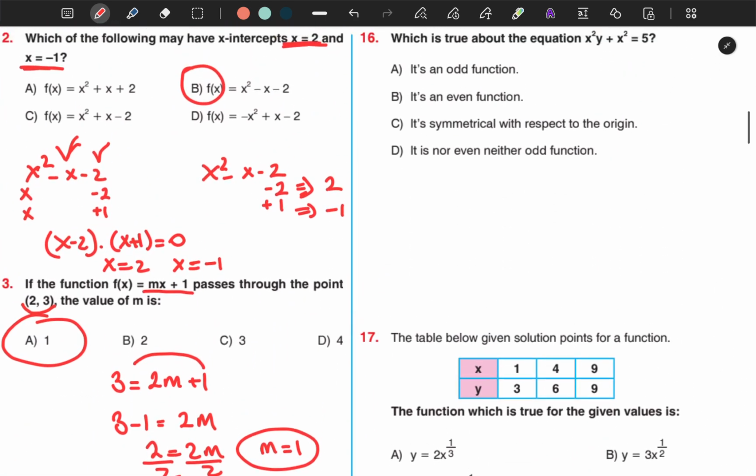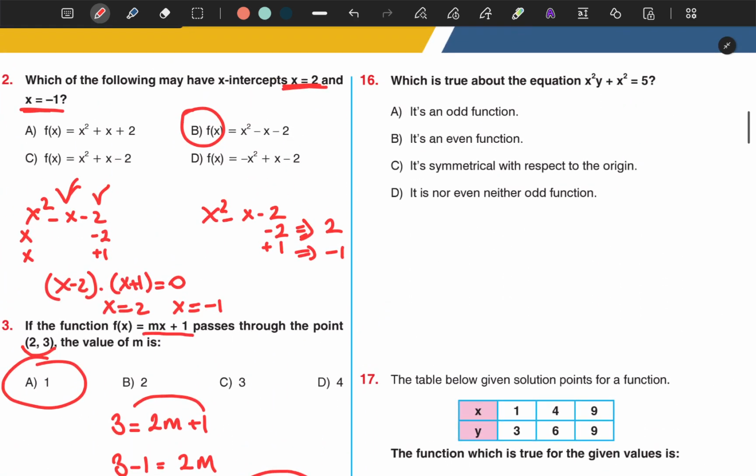Okay. For the next question, which is true about the equation? Guys, for this equation, first of all, you know what's our first purpose? I have to make it y alone. Let me do it. First, move this one other side.